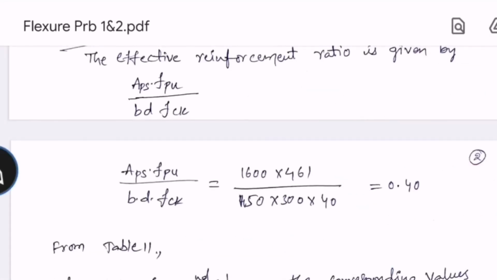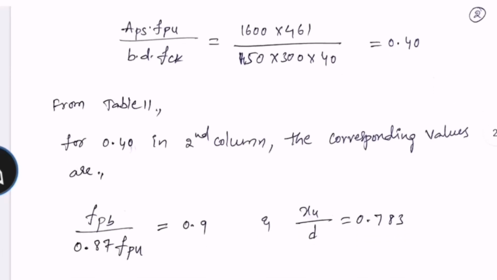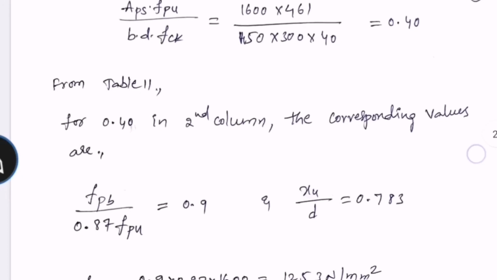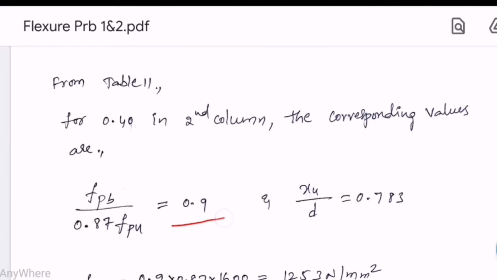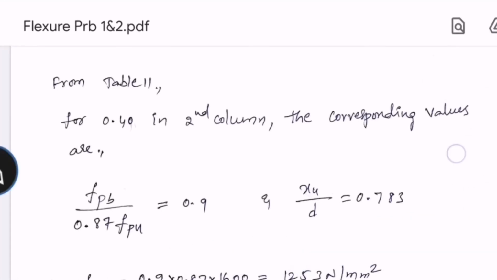And from table 11, for 0.4, the corresponding values are FPB by 0.87 FPU as 0.9, and Xu by d as 0.783. Now let's have a look whether the values are correct.